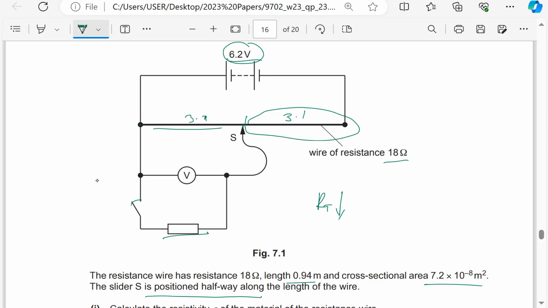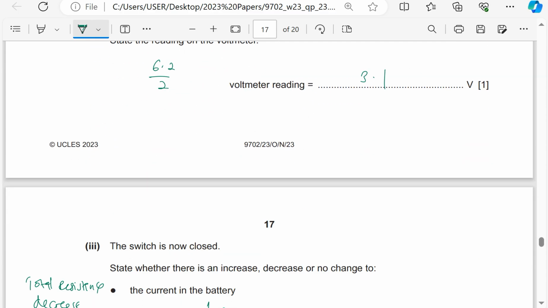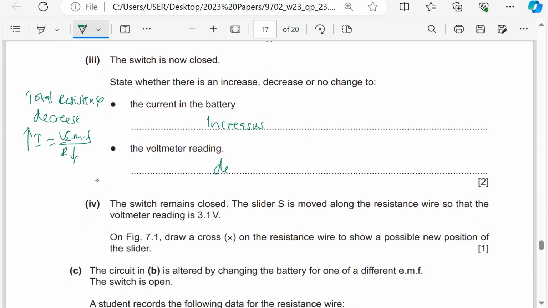And by conservation of energy, the PD here will go to less than 3.1, and yet the PD across here will be the reading of the voltmeter, or the PD across the fixed resistor. So automatically, the reading of the voltmeter decreases. An increase in current will make the PD across the other part, which is directly connected to the battery, have a high PD. By conservation of energy, the PD across the parallel combination becomes smaller, so it decreases.